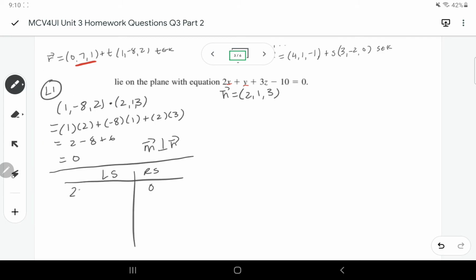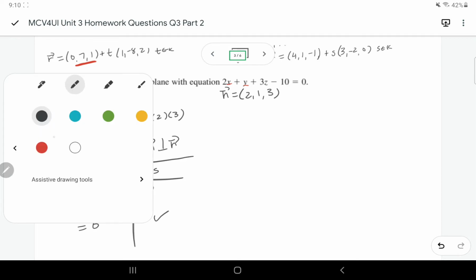So the left side is 2x plus y plus 3z minus 10. Here I get 2 times 0 plus 7 plus 3 times 1 minus 10. And yes, that equals 0. So the point is on the plane.